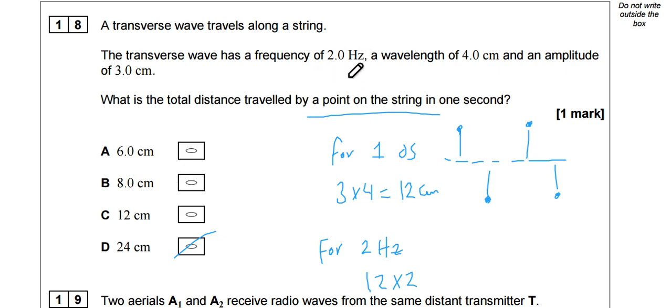Because we have a frequency, which means 2 oscillations in 1 second. So instead of 8, it should be 16. Sorry, the amplitude here is 3, so for one oscillation it is 6, and for two oscillations it should be 12. That's why we make this 24.